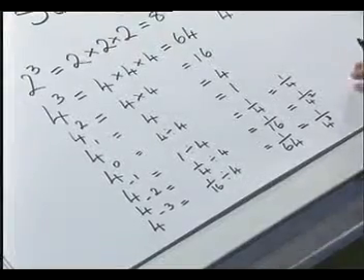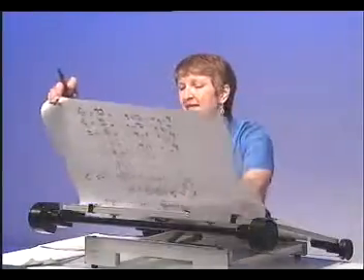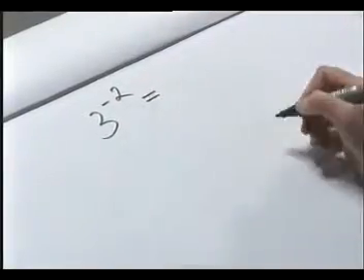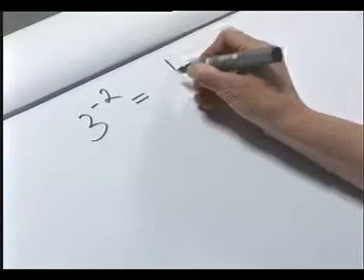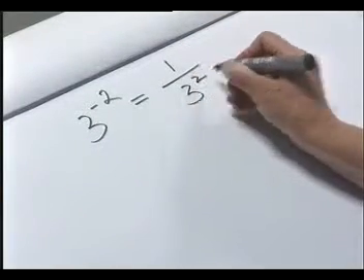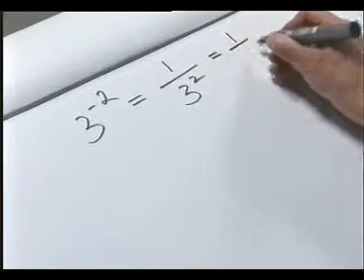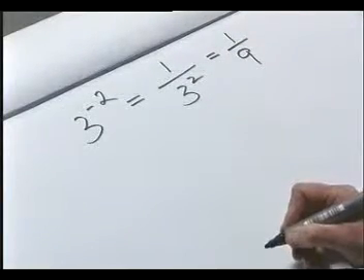That is, 1 over the number. So if I had this example, 3 to the negative 2, we can write that as 1 over 3 squared. And 1 over 3 squared is the same as 1 over 9.